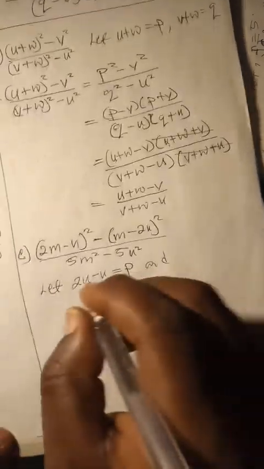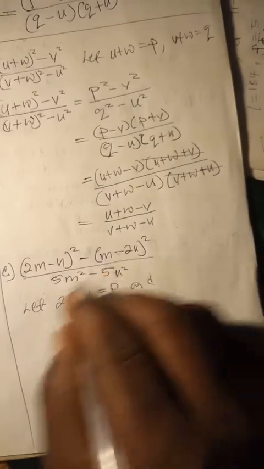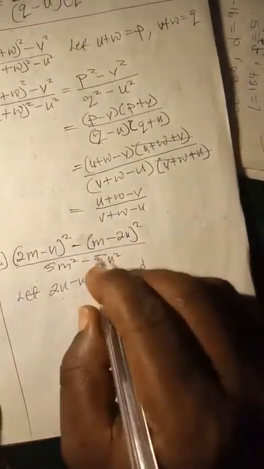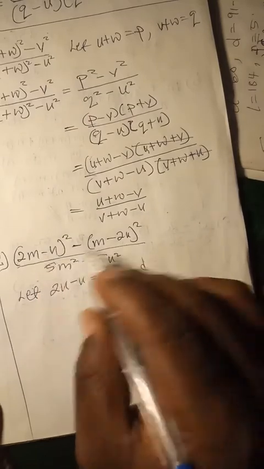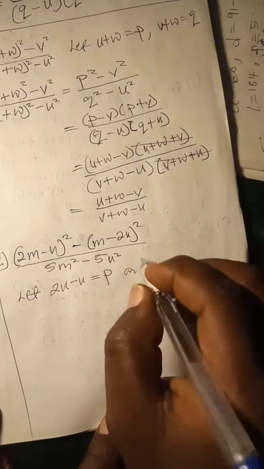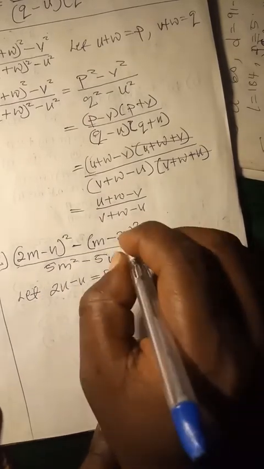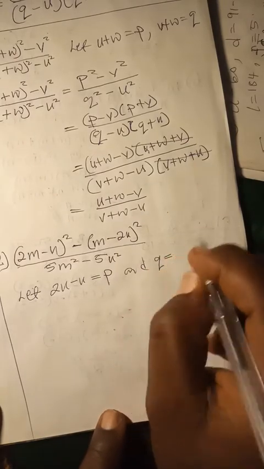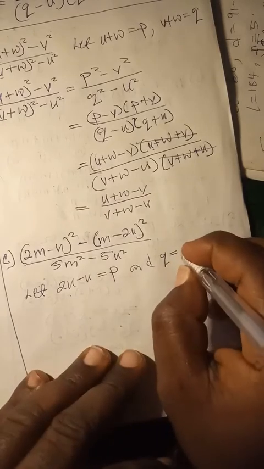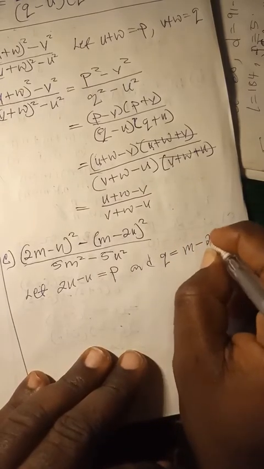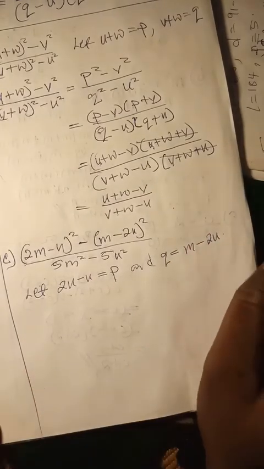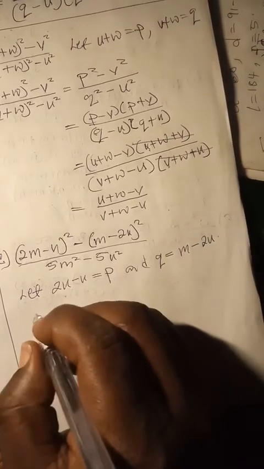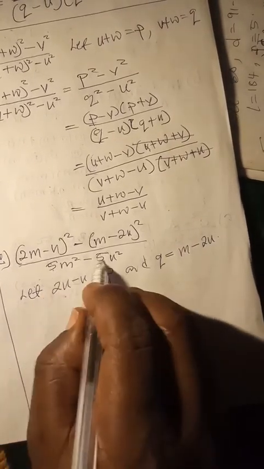Therefore we can now have, if you like, you can put this one, but no need. Let me just put it. This is minus 2u, right? So I can put it, and q is equal to m minus 2u. See that? Okay, and 5 can be factored out from here.